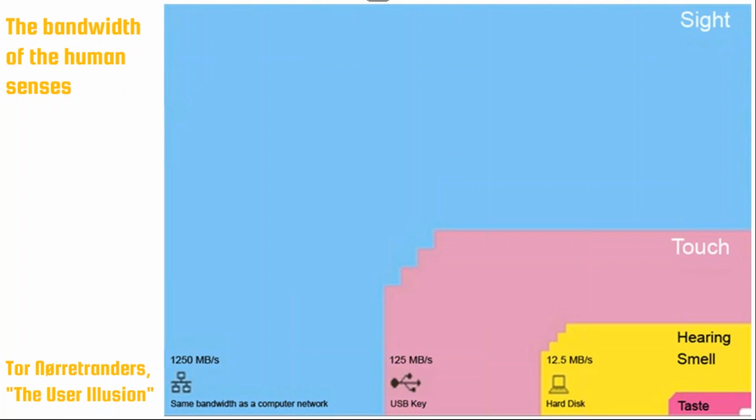Hearing and smelling have the throughput of a hard disk, and taste is about a pocket calculator. And this really small white square that you see at the bottom of the screen is actually what we're aware of. It's about 0.7% of what we sense.